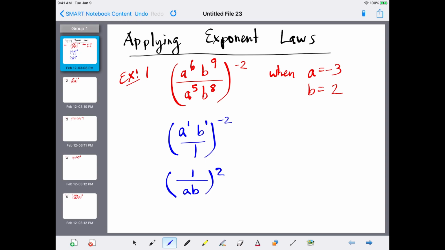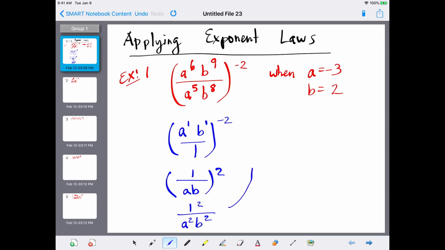We can now apply the exponent to both the numerator and the denominator. So we'll be left with 1 squared over a squared b squared. So again, be careful with that. That's one of the exponent laws that we learned, right? A power of a product. So we have to apply that exponent of 2 to both the a and the b.